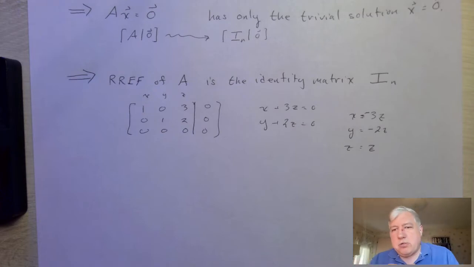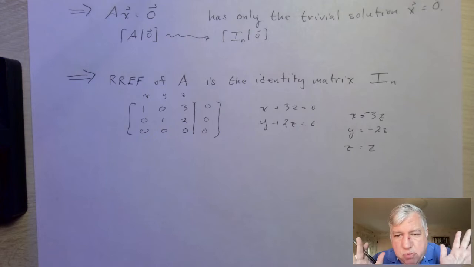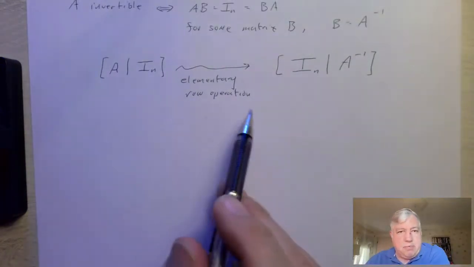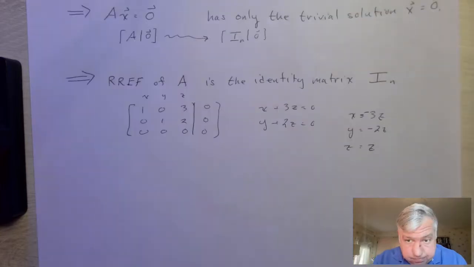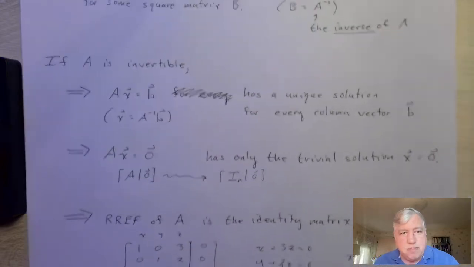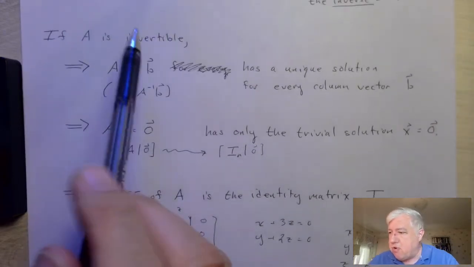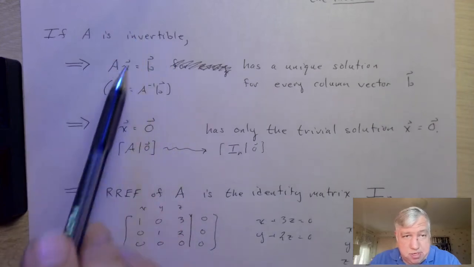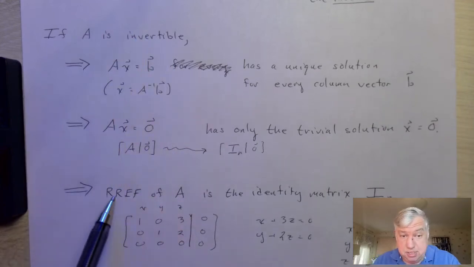Which strongly suggests that we should be able to compute the inverse just by doing this process of reduced row echelon form, what we were doing here. That it should always work. So we're going to show that these four properties are actually all equivalent: this implies this, then this implies this, and then this implies this.